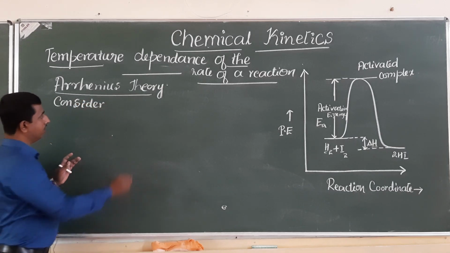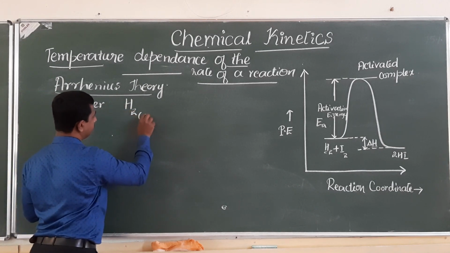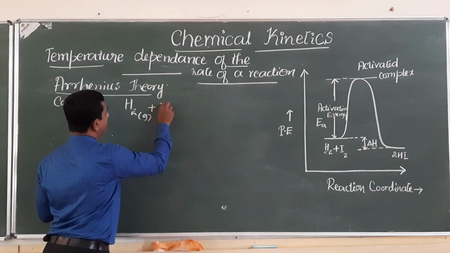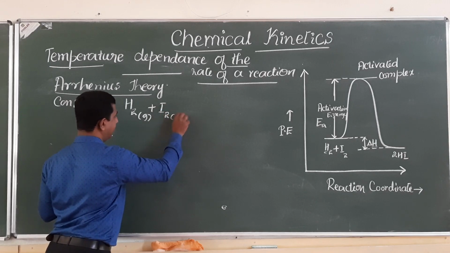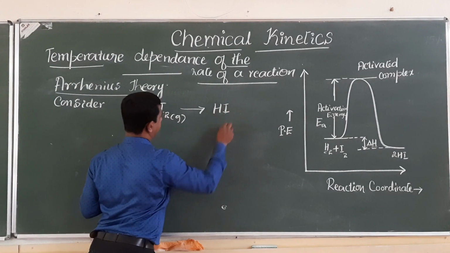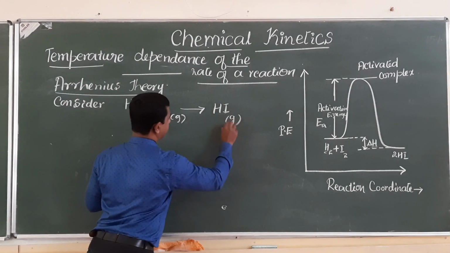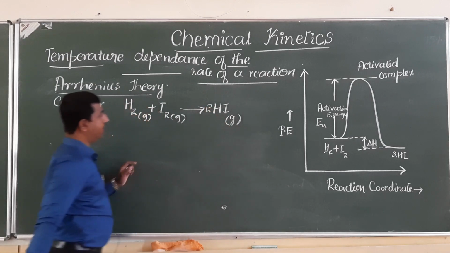Let us consider a simple reaction. I will consider H2 combining with I2 to give hydrogen iodide, that is 2 molecules of hydrogen iodide.